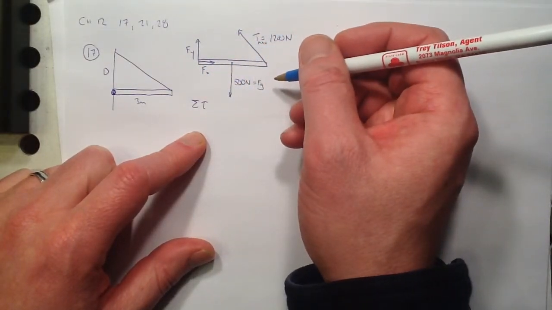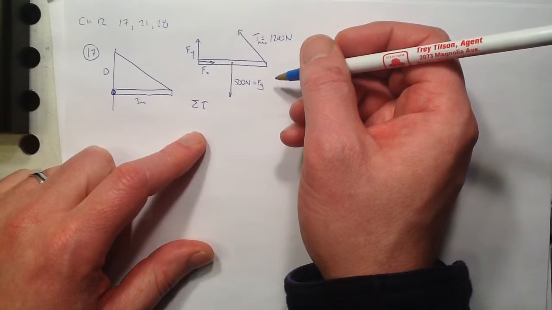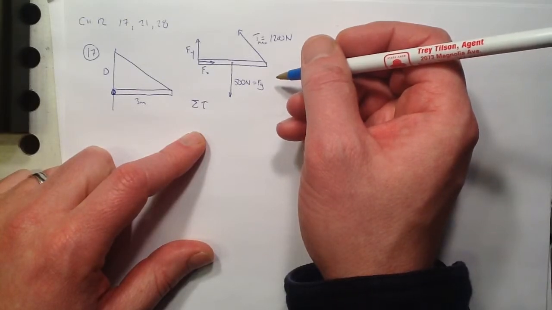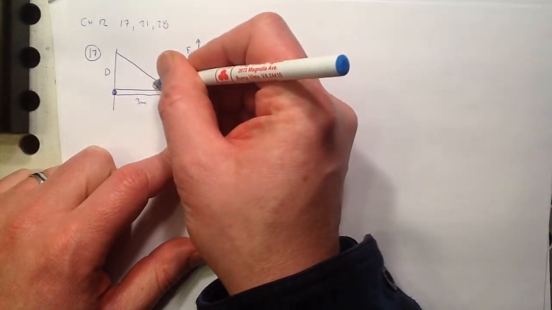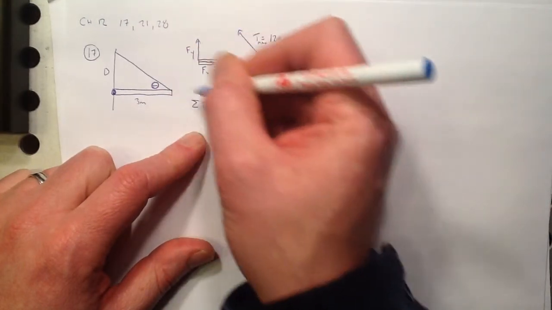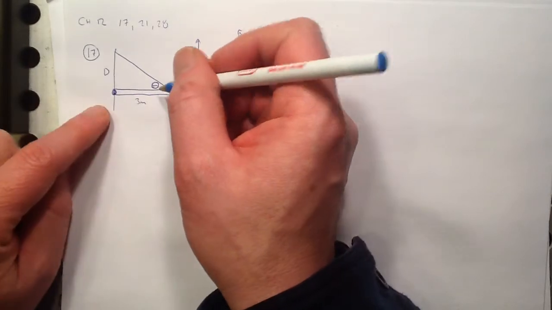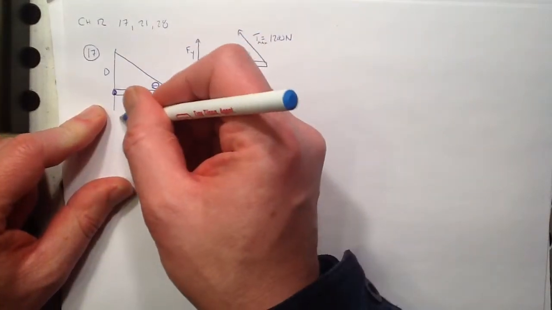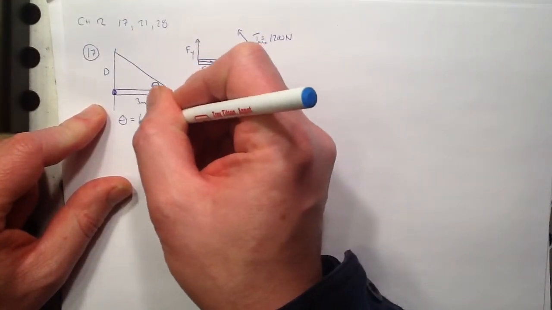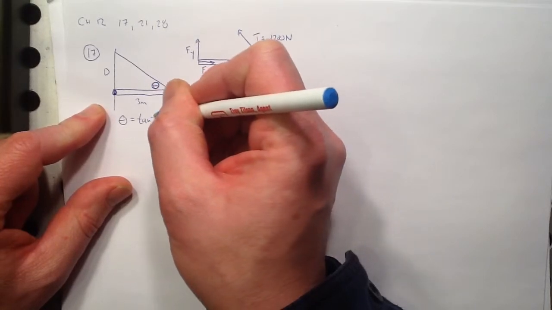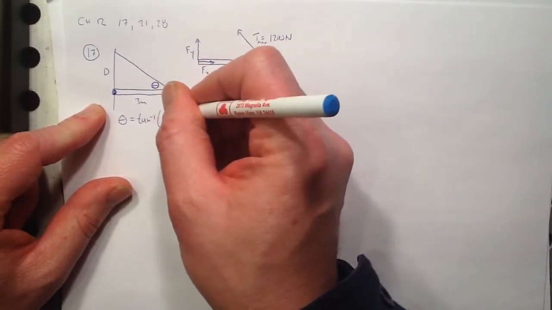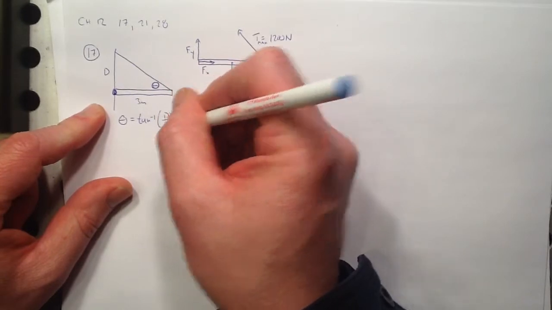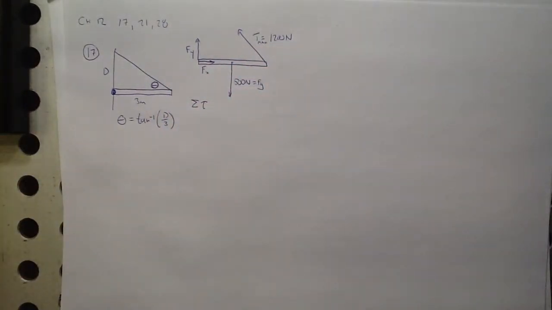And do we know, let's see, I guess this distance here, or the angle here, before we get into this, the angle here would be the tangent inverse rise over run. I don't know what that angle is right there.